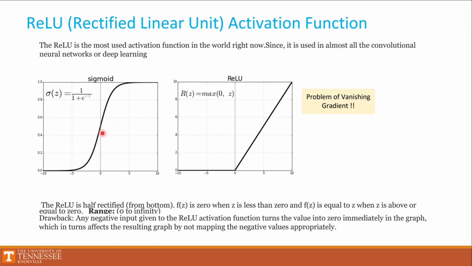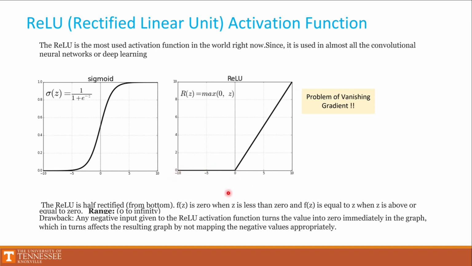ReLU, which is a rectified linear unit activation function, is the most used activation in the world right now, since it is used in almost all CNN or deep learning. Now, what is the good and bad about this ReLU? ReLU is half rectified from the bottom. That means f(z) becomes 0 when z is less than 0.